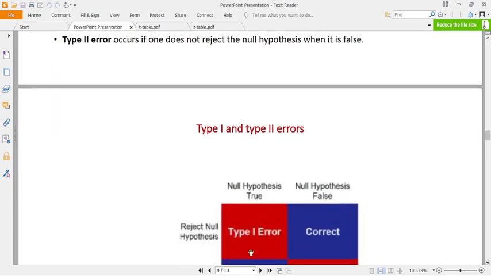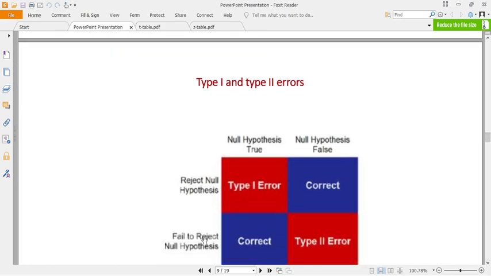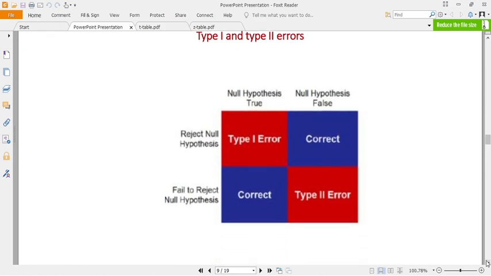Remember, when the null hypothesis is true, you do not reject it, but if you reject it, you commit a type 1 error. The other error is a type 2 error: when the null hypothesis is false, you're supposed to reject it, but if you do not reject it, you commit a type 2 error.